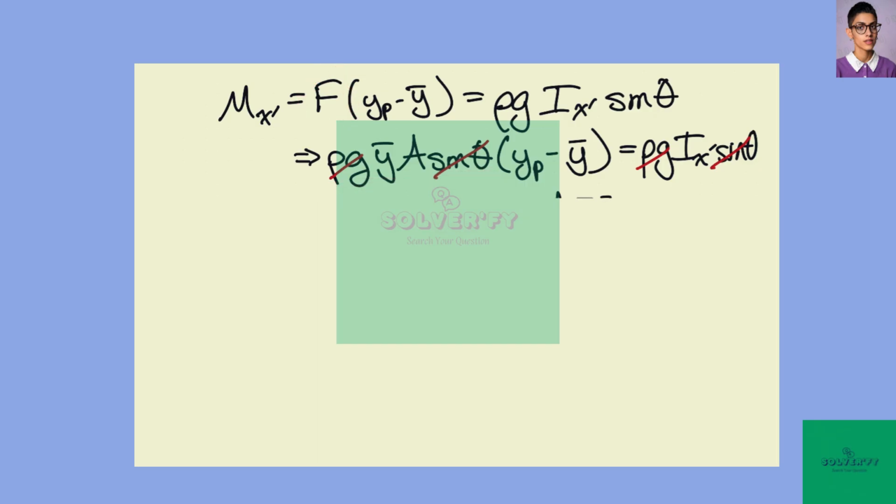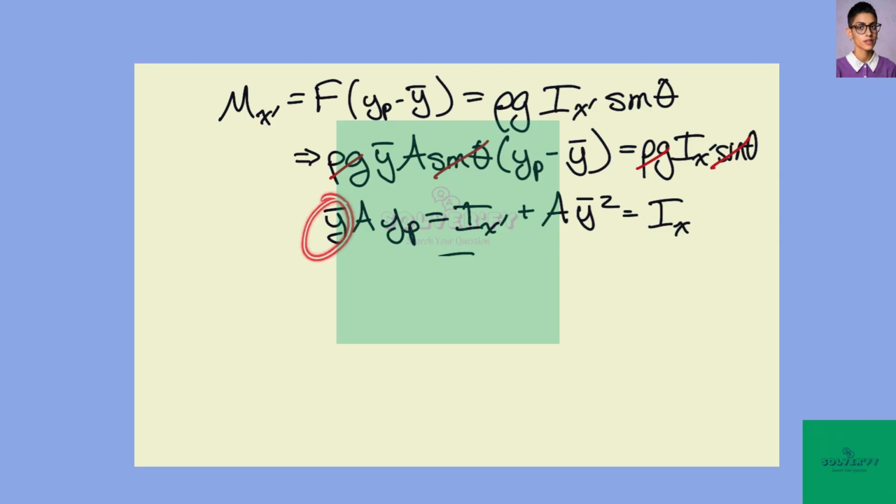So now we can plug in, and we know this right here. We can see that the specific weight cancels out, the angle cancels out, and what we're left with is y bar A times the y coordinate of the center of pressure, equals the area moment about the x-axis through the centroid, plus the area times y bar squared.